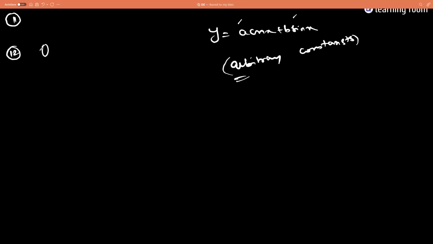In differential equation, you have order, degree, general, and particular solution. You don't have the third exercise. That is, formation of differential equation is not there.